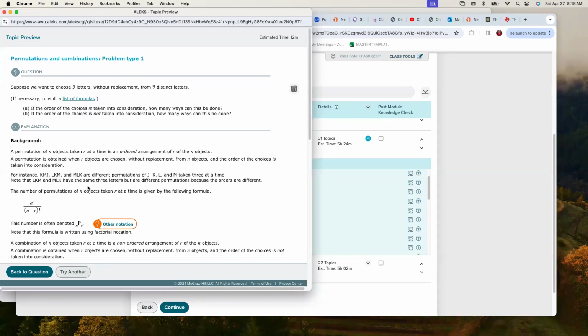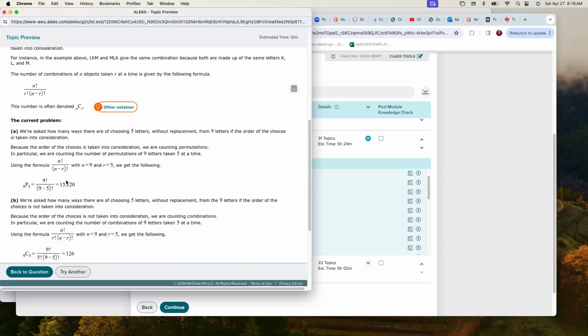You could see that in my part A, because I'm not replacing, and we're talking about how many ways of choosing letters, even though they don't say order matters, they're implying, the way the question is worded, that the order of the choices is taken into consideration. So we know we're using permutations there, and you can see that that's the technique they're using.